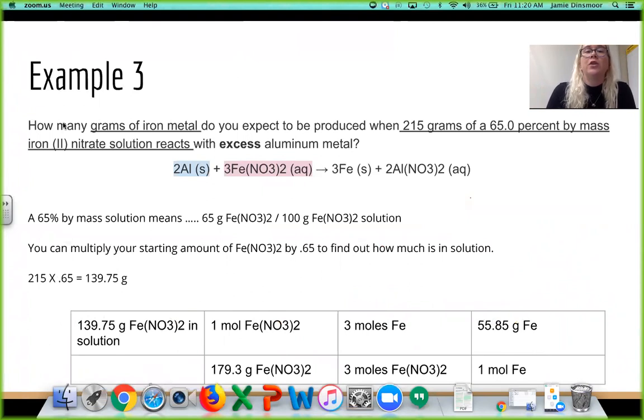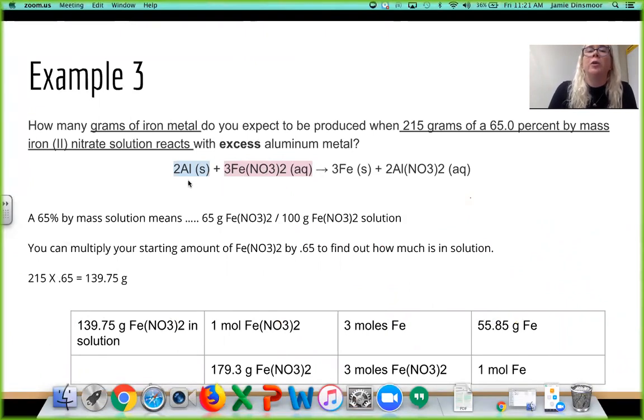So this time our question says, how many grams of iron metal do you expect to be produced when 215 grams of a 65% by mass iron 2 nitrate solution reacts with excess aluminum metal? So again, what things are we actually looking at here?